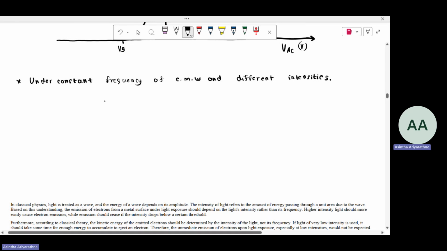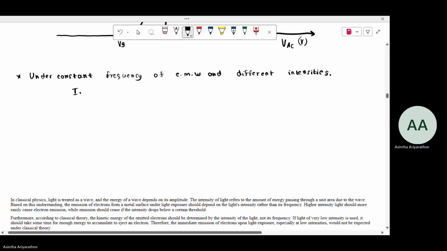Let's say intensities I1, I2, and I3, where I1 is greater than I2, which is greater than I3.